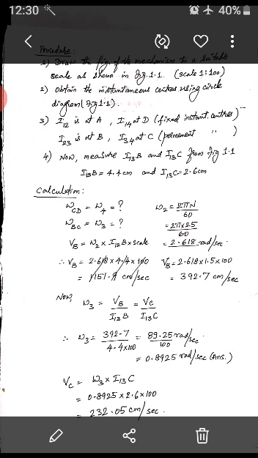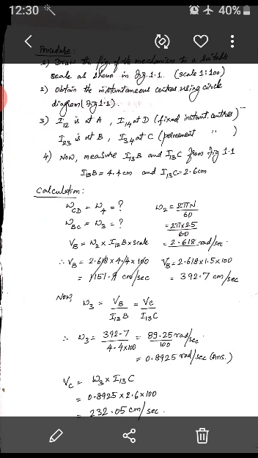Multiply by scale, and you get centimeters. So the answer is 392.7 centimeter per second. Once you get the velocity of point B, it is easy to get the velocity of point C because we are coming from A, B and C.